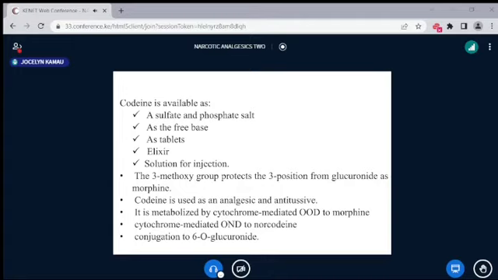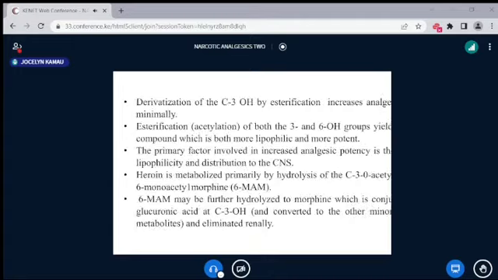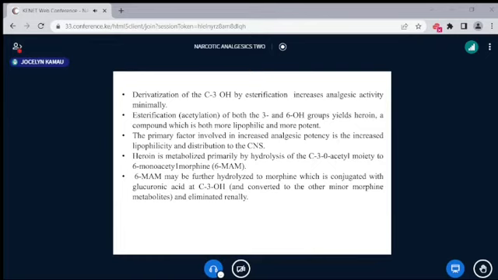So very similar to the metabolism that we had seen with morphine, only that now the one position is blocked. So it cannot undergo oxidative O-demethylation at position number 3, because the methyl group already is there.